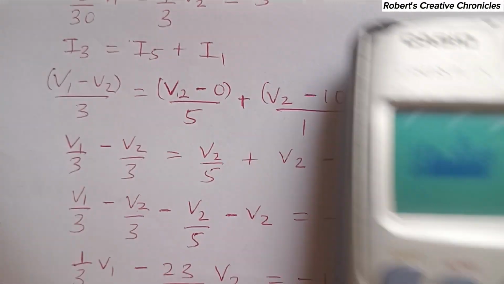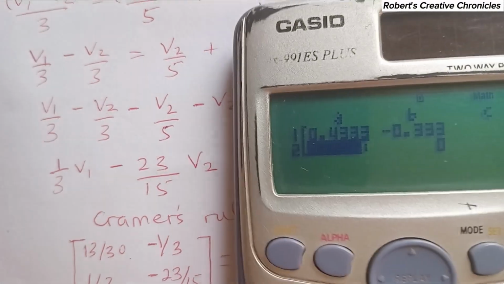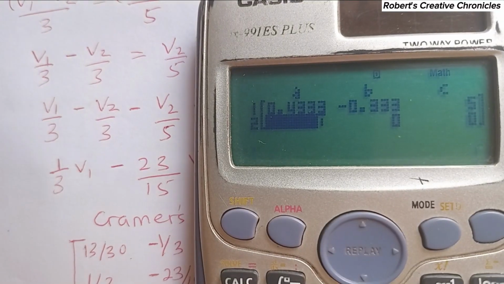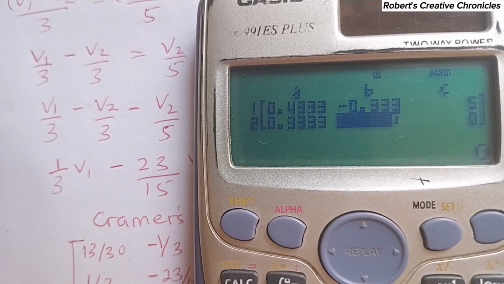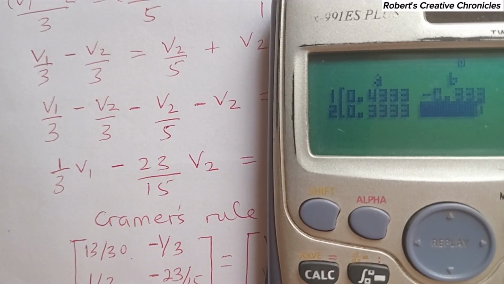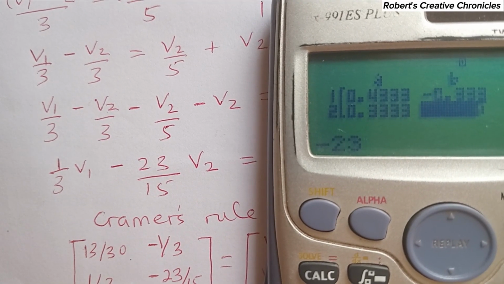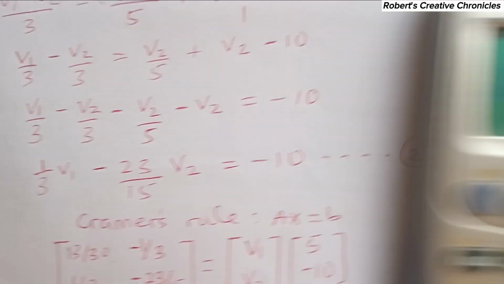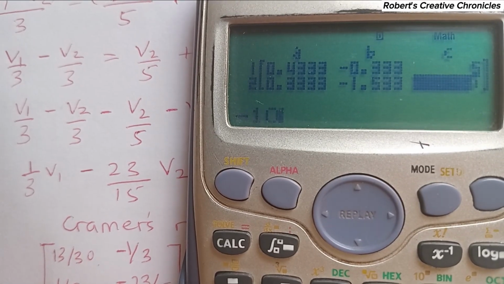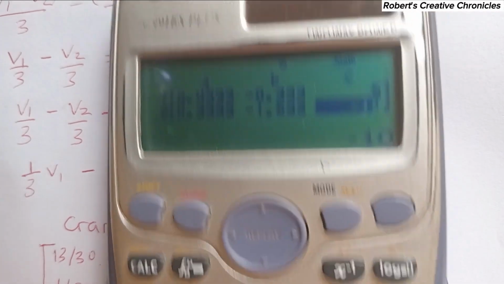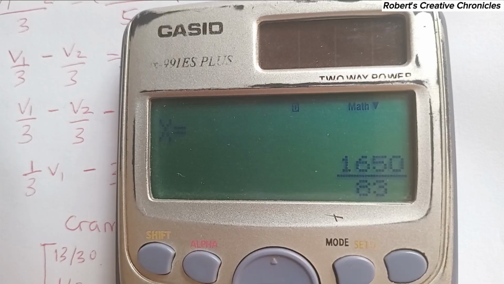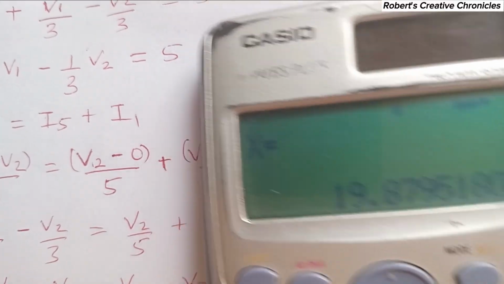Then the second one, 1 over 3, then minus 23 over 15, then negative 10. So then you just wait. See, this is our first answer.